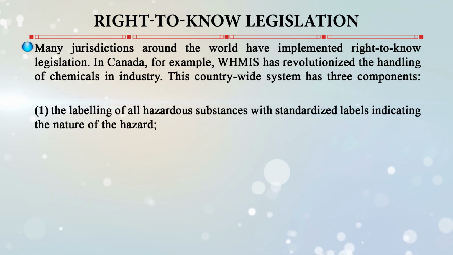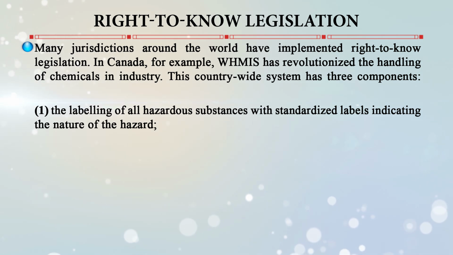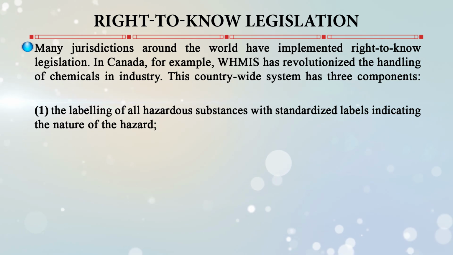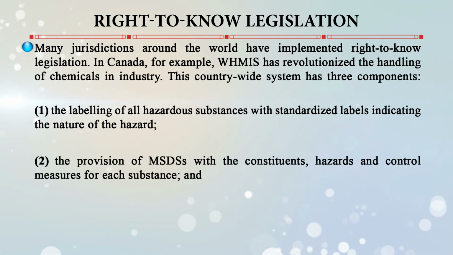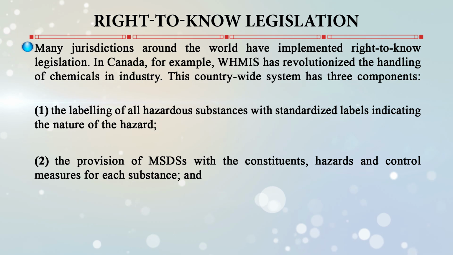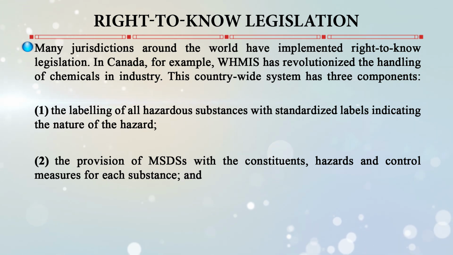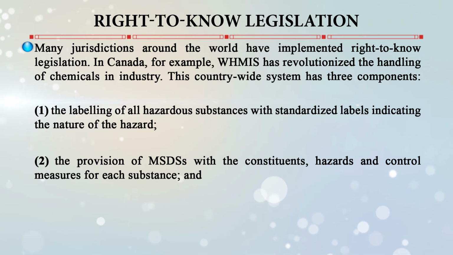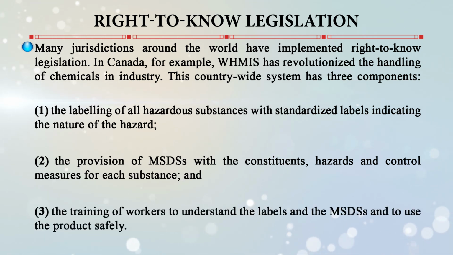The first one is the labeling of all hazardous substances with standardized labels indicating the nature of the hazard. The second is the provision of MSDSs, material safety data sheets, with the constituents, hazards and control measures for each substance. And the third one is the training of workers to understand the labels and the MSDSs and to use the product safely.